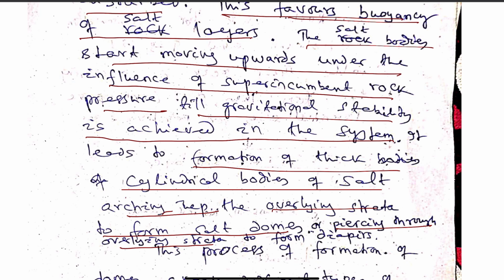When the salt gets the opportunity to cut across the overlying sedimentary beds, it forms diapirs. So salt domes become diapirs when they maintain a cross-cutting relationship with the overlying sedimentary beds.